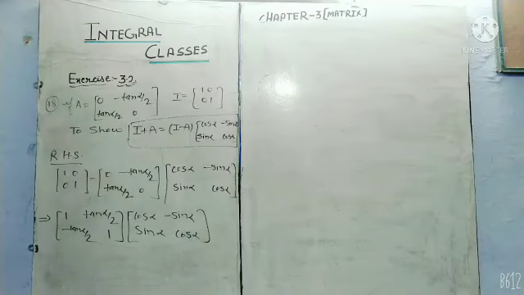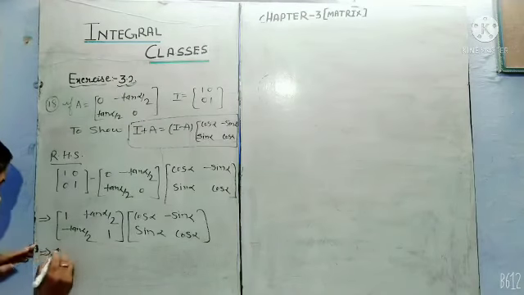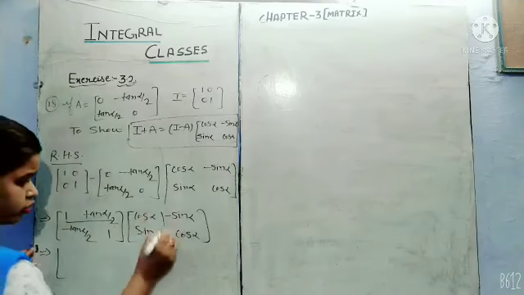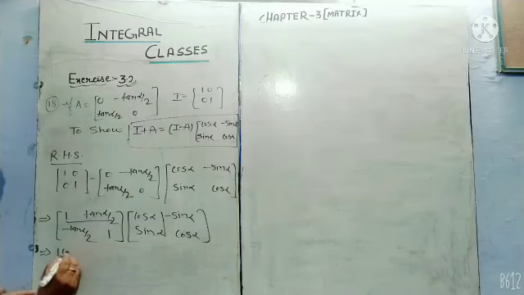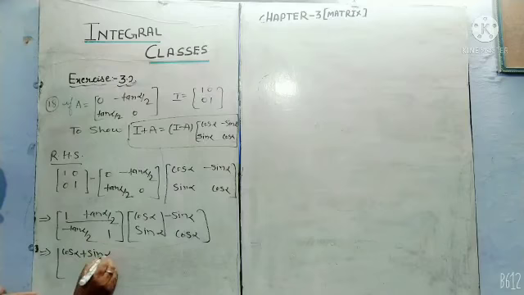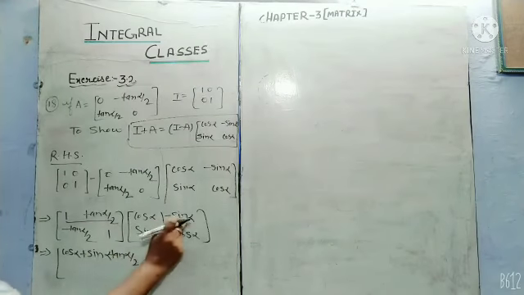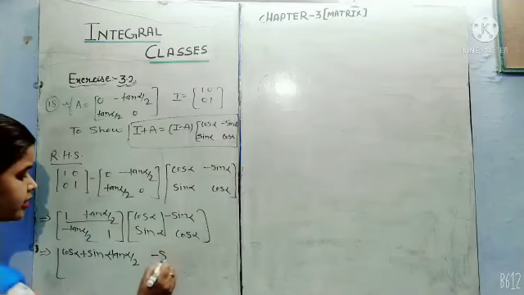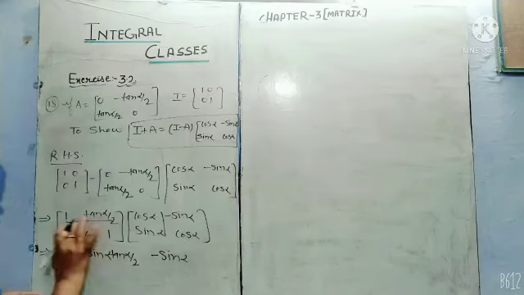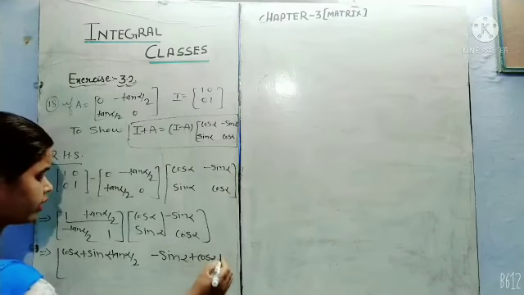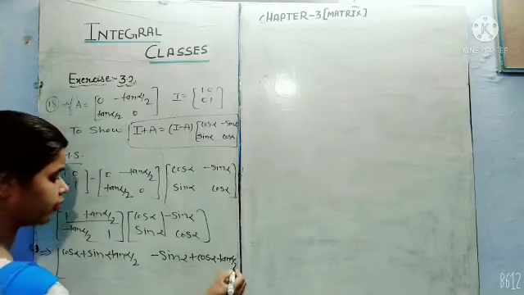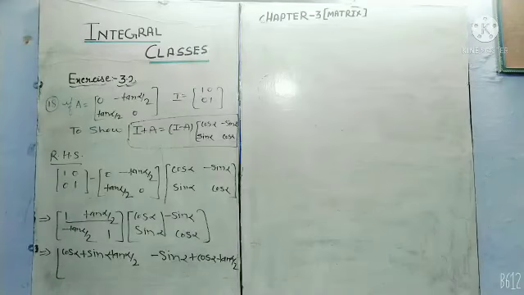Now we will multiply: first row first column, then first row second column. 1 into cos alpha plus sin alpha tan(alpha/2). Again first row second column: minus sin alpha, then plus cos alpha tan(alpha/2).